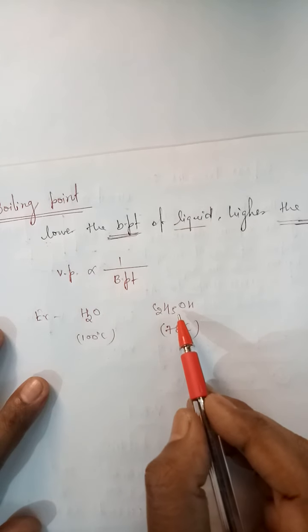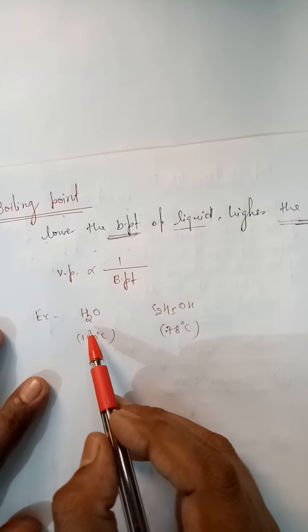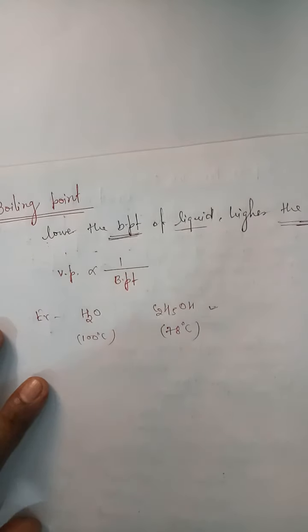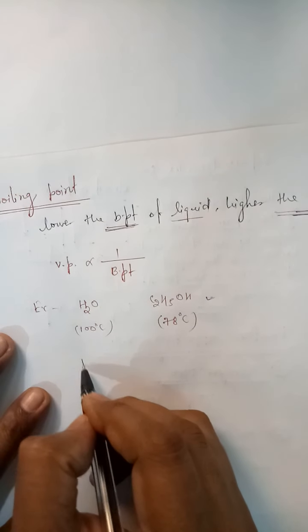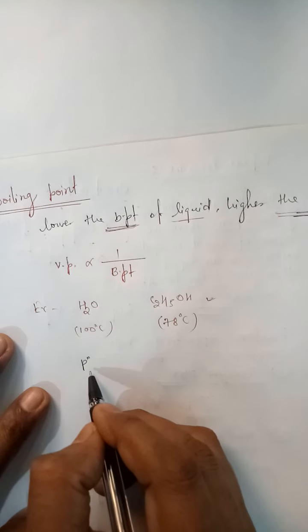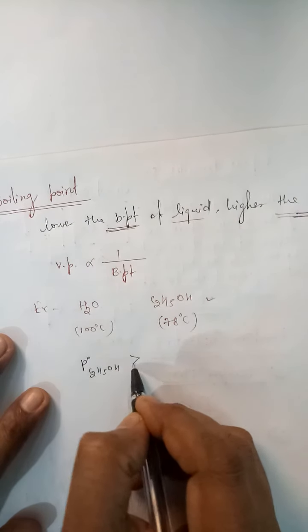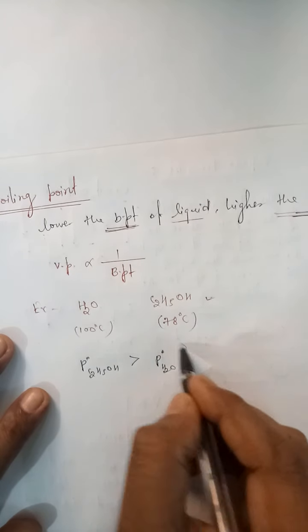In this case ethanol will evaporate easily as compared to water. So ethanol will have a higher vapor pressure as compared to water. So we can say that the vapor pressure of ethanol C2H5OH is greater than the vapor pressure of water.